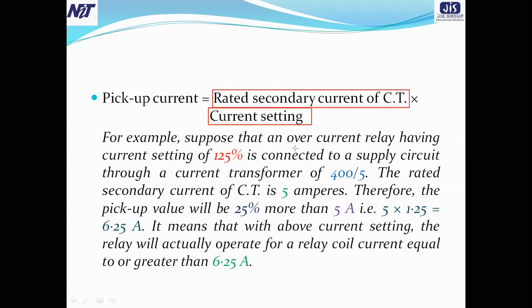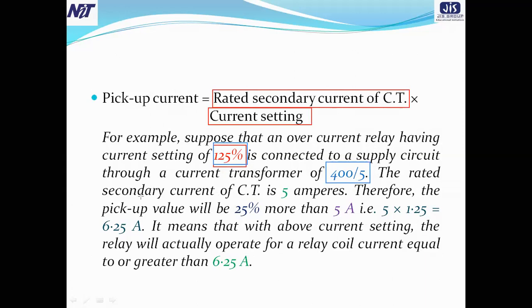For example, suppose an overcurrent relay having a current setting of 125% is connected to a supply circuit through a current transformer of 400 by 5.